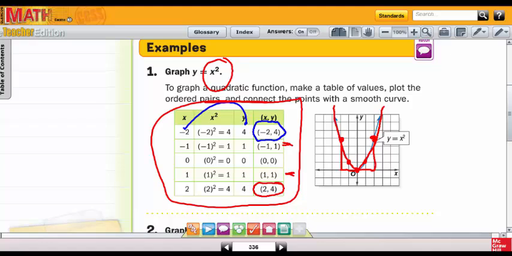If you're asked to put this on a graph, you need to have your graph go through this point and this point. We could move further up here, and if we put in negative 3, it would go up to positive 9, and we could put a point there. Positive 3, positive 9, and we could put a point there. And we could be really accurate with the way that we graph this thing. That's one way to do it, is with the table of values.